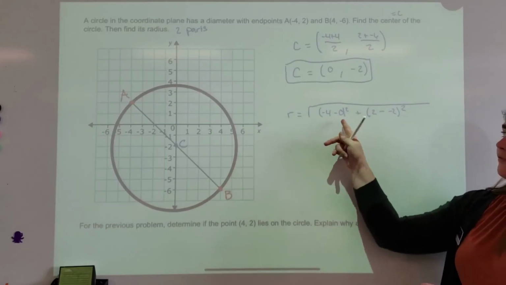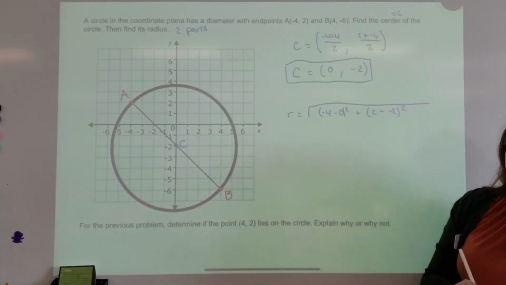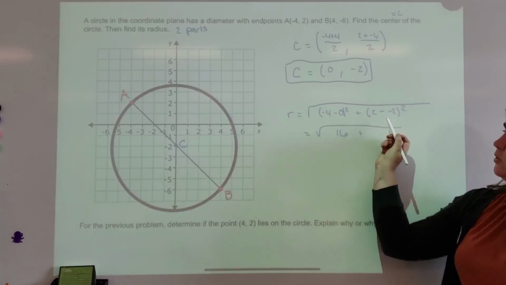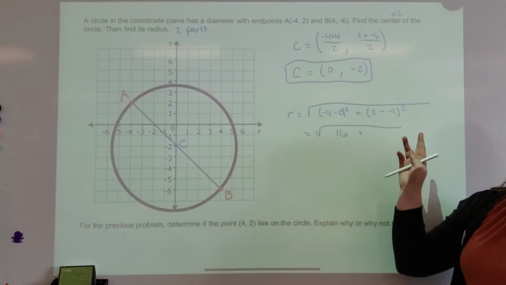I'll simplify underneath the square root. Negative 4 minus 0 is negative 4, and negative 4 squared is 16. So I have 16 plus 2 minus negative 2. When you are subtracting a negative, the signs combine to become a positive.